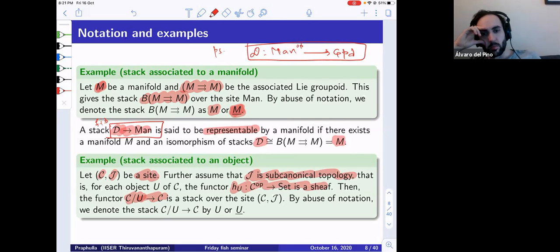This is locally determined. And for the same reason as before, we denote the stack by U or U bar.